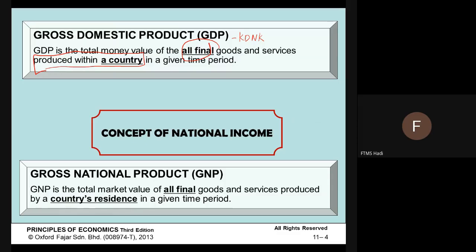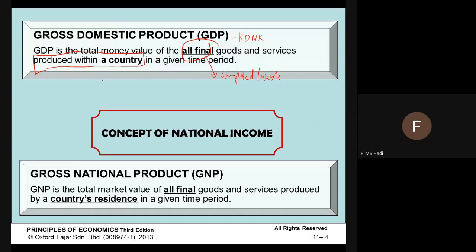It must be all final goods, that means completed and usable. It must be produced within a country. Outside the country we cannot use, because outside the country is more on import.